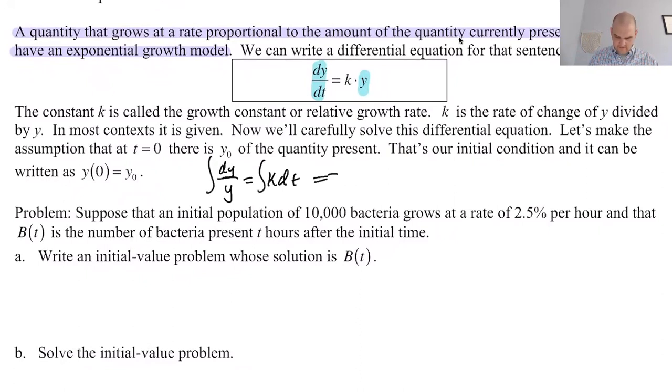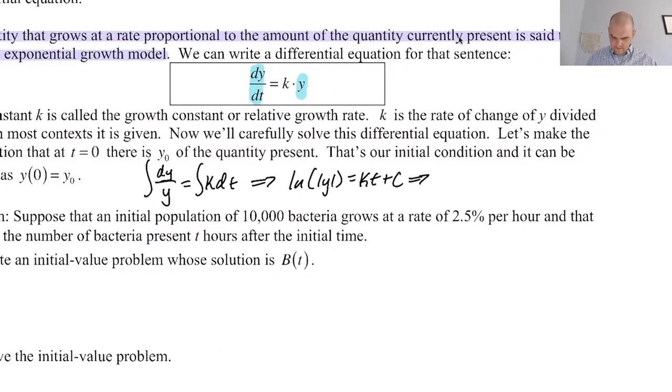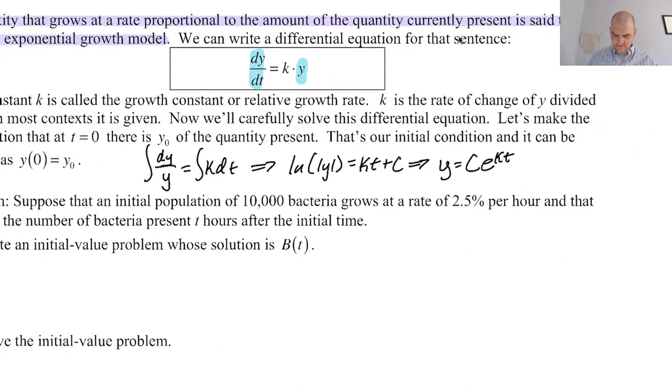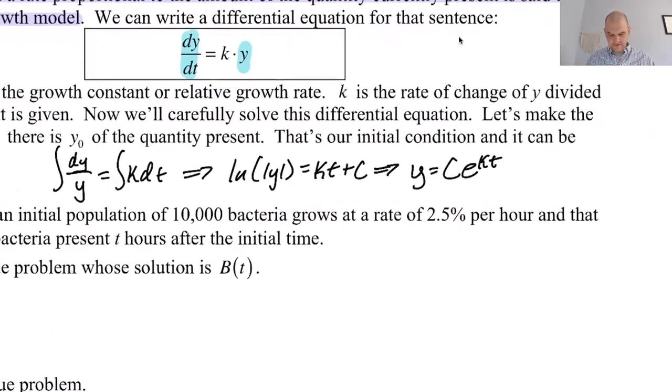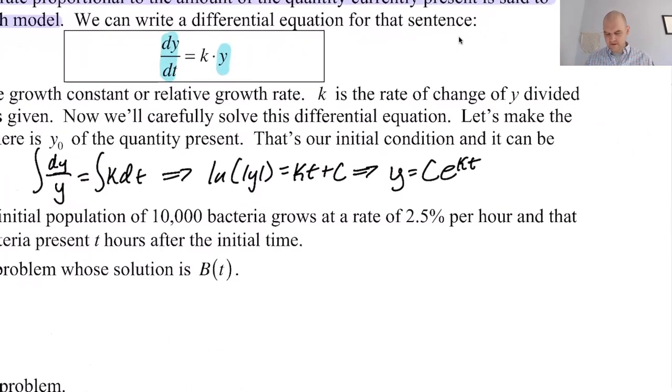And then this will give me the natural log of the absolute value of y is equal to kt plus C. And this will give me, we skip a bunch of things, y is equal to Ce to the kt. Often you see it as A equals Pe to the rt, Pert, right? You'll hear people talk about that. And then depending on how old they are, they'll talk about like shampoo or something.